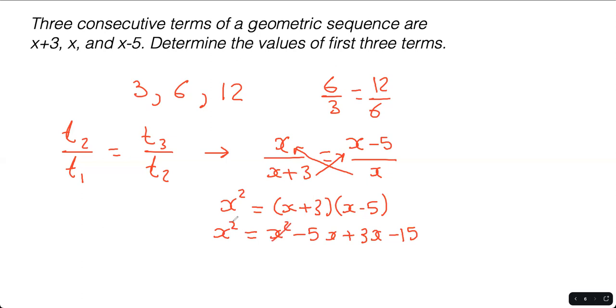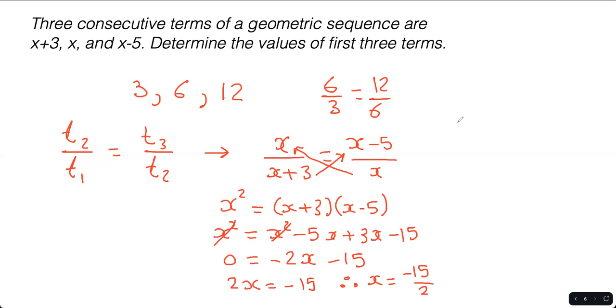The x squared cancels with the x squared, so we're left with 0 equals -5x plus 3x, which is -2x, minus 15. Now 2x equals -15, and therefore x equals -15 over 2.